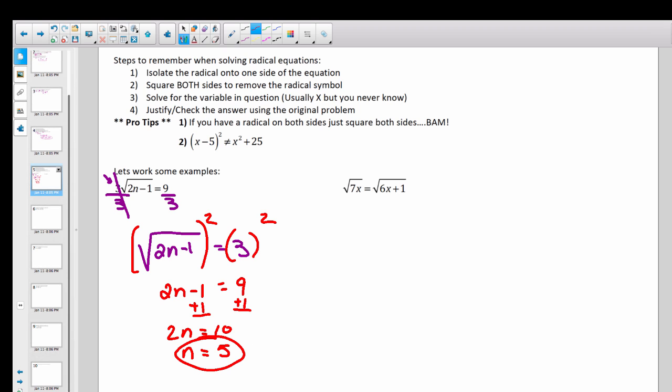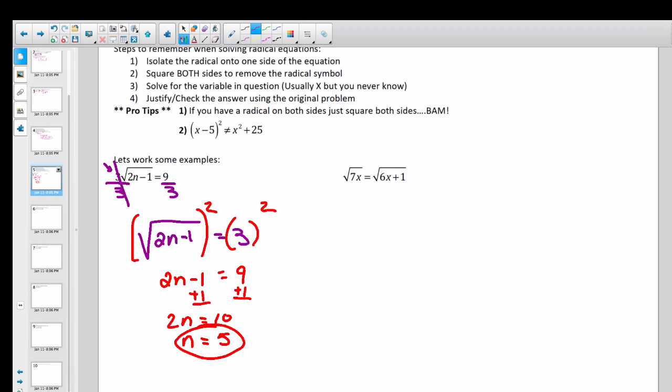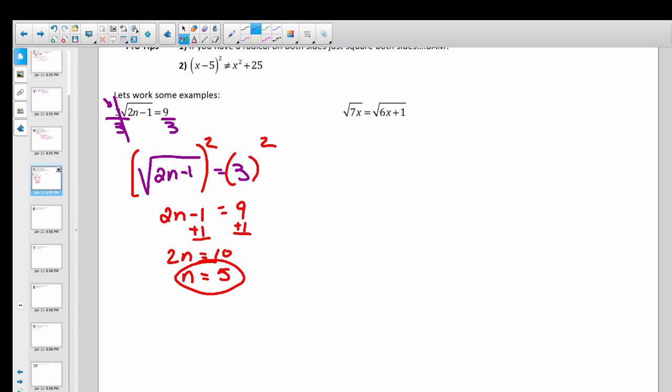Let's do a check. So our check is always in the original equation, right? So here's my check. 3 times square root of 2 times 5 minus 1, does that equal 9?